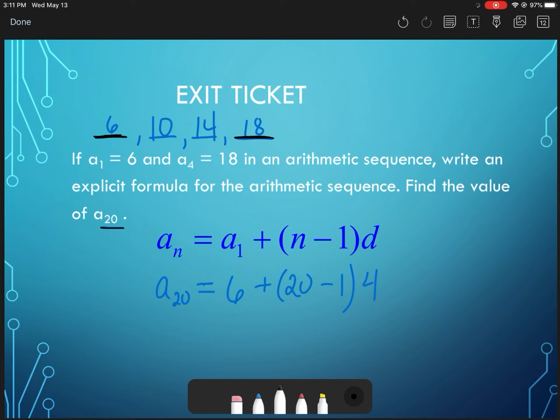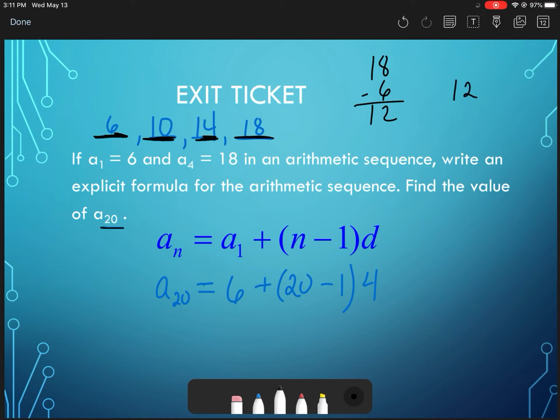Before we do anything with the formula, we had to find these other two terms. Now, the way that we do that is find the difference between 6 and 18. Okay, that's 12. That's not your common difference. That's just the difference between those first, basically those 3 terms.